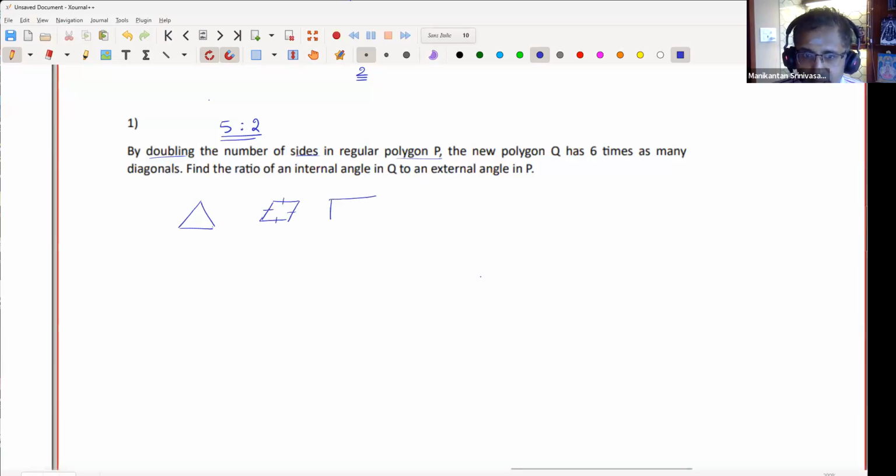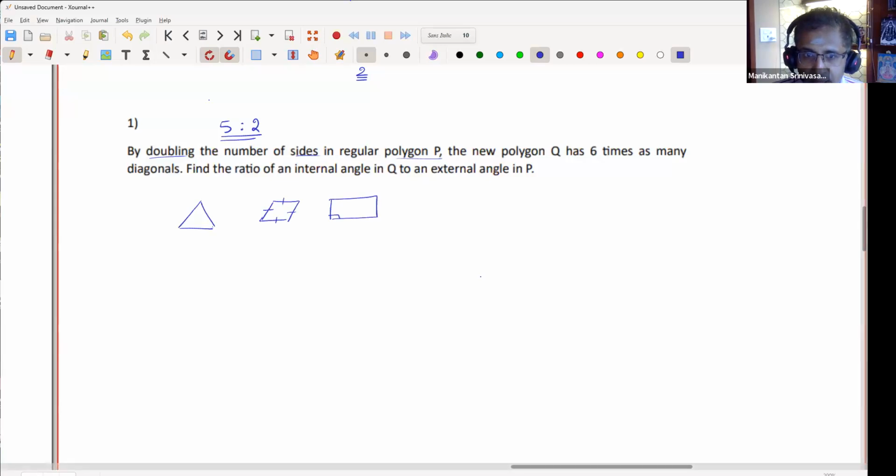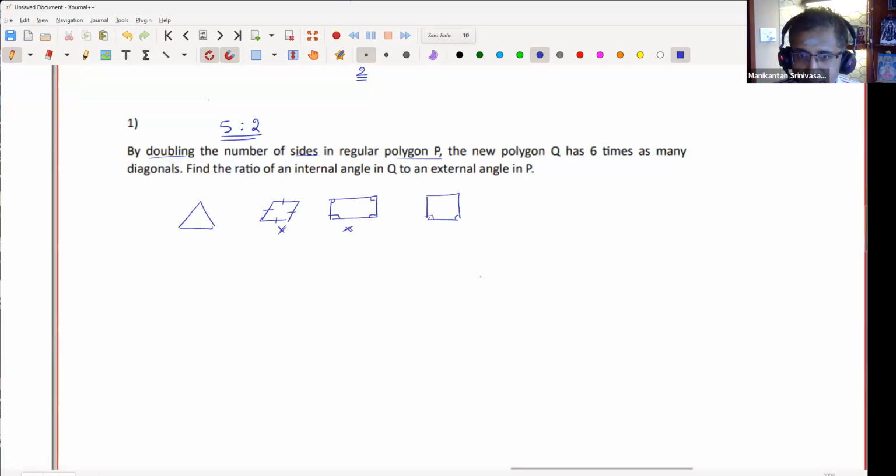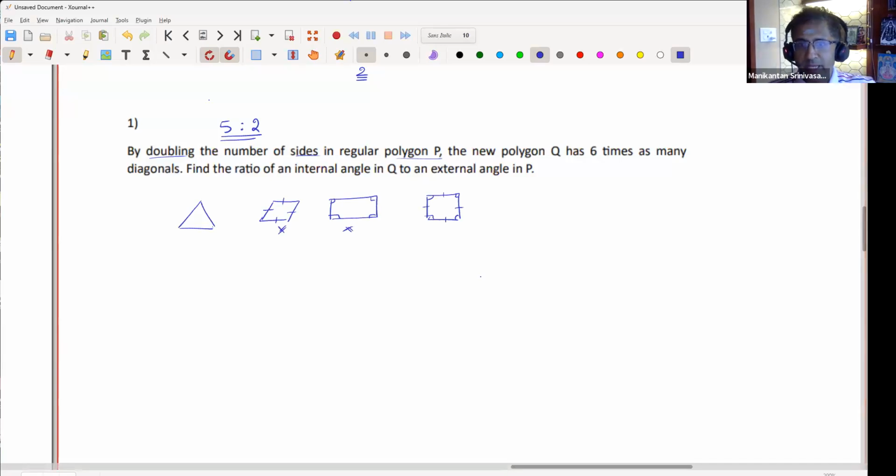Likewise, you cannot say a rectangle is regular because all the angles are equal, but the sides are not equal. So neither of them is regular as far as quadrilaterals are concerned, right? The quadrilateral which is regular is a square, which has both the sides and the angles equal. So for a general polygon, the sides must be equal and the angles must be equal for it to be regular.